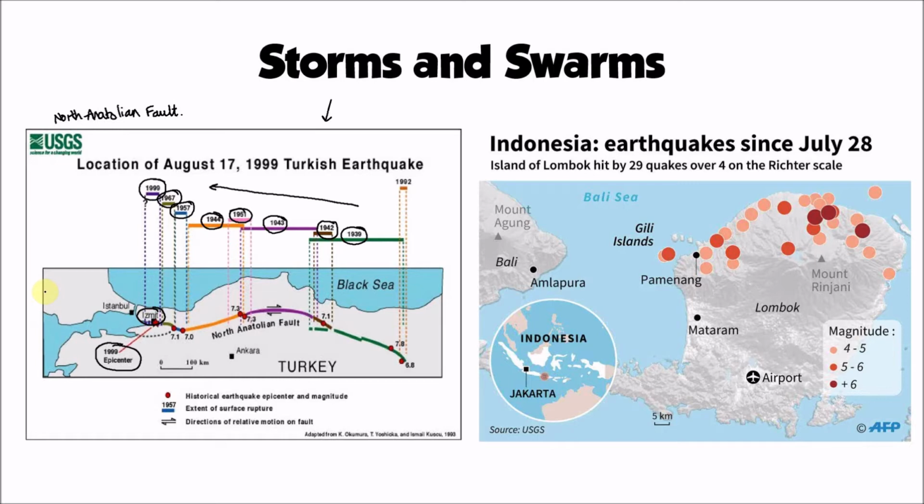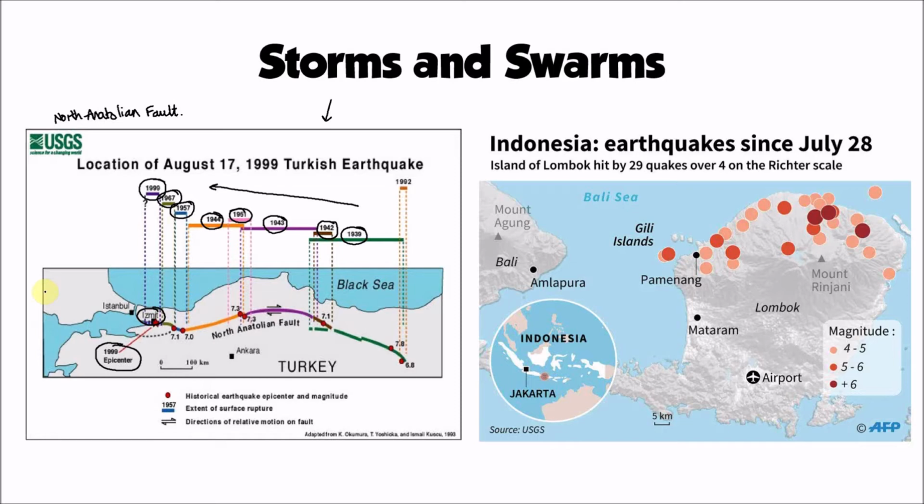And scientists actually had predicted, or certainly forecast, that Izmit was the next part of the fault line that was likely to be affected. Unfortunately, nothing was really done to prepare for or to mitigate against that, and tens of thousands of people actually died in that earthquake. So earthquake activity can move along a fault line.